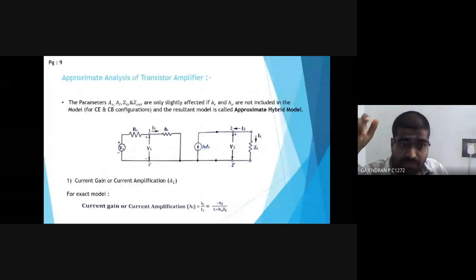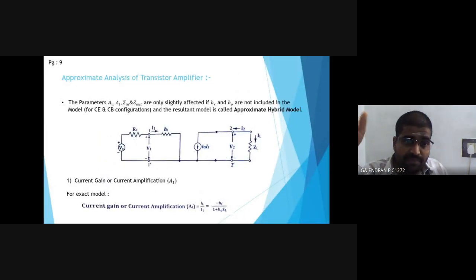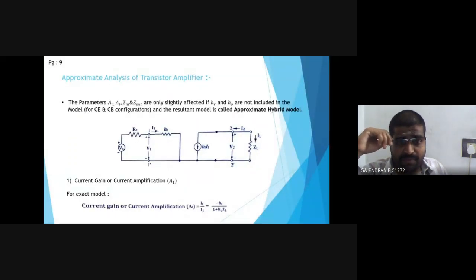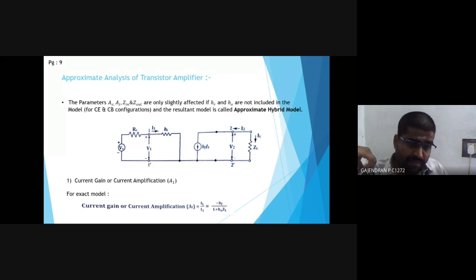Now, the approximate analysis of the transistor amplifier. It's a subdivision of the exact model. We just need to take two things from the exact model, that is HR and HO. We remove the HR and HO terms, and we get the approximate model of the amplifier.